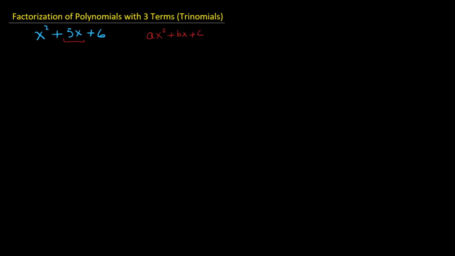If you compare these two, you will notice that a is the coefficient of x squared, which is 1. So a is 1, b is 5 and c is 6. c is a constant. So first you have to determine the values of a, b and c, and then the method which I am going to explain is also called the AC method.